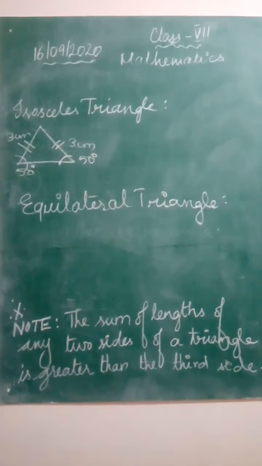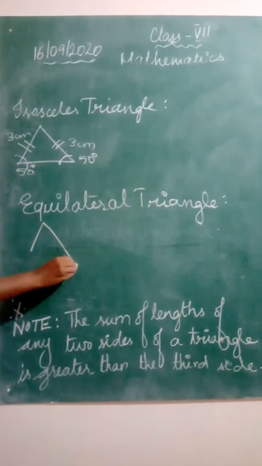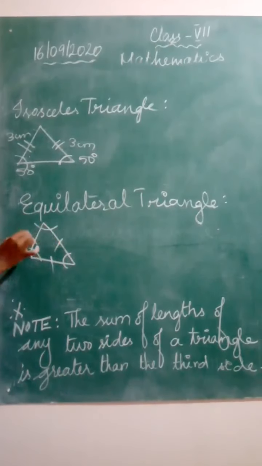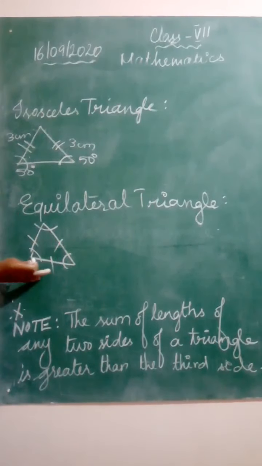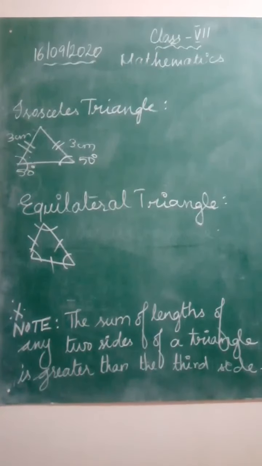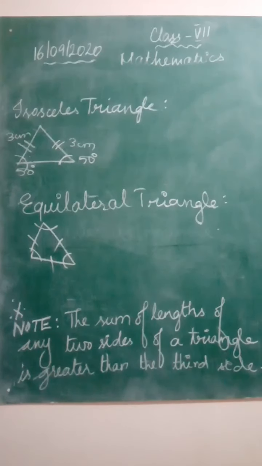And considering the equilateral triangle, in an equilateral triangle all three sides are equal. So here also all three angles are equal. So with this same property, angles opposite to equal sides are equal. Okay. So keep it in mind, for an isosceles triangle, two equal sides and angles opposite to equal sides are equal.